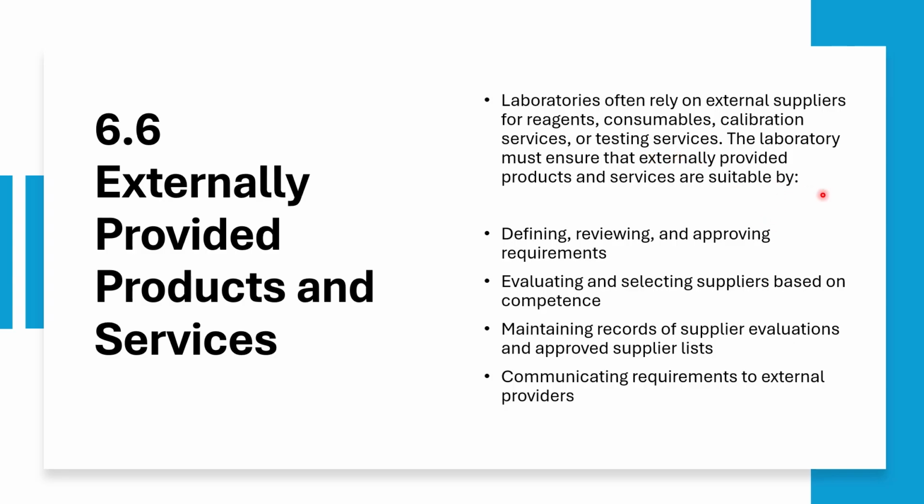Thus, a laboratory must ensure that externally provided products and services are suitable by defining, reviewing and approving the requirements, evaluating and selecting suppliers based on competence, maintaining records of supplier evaluation and approved supplier list, communicating requirements to external providers.